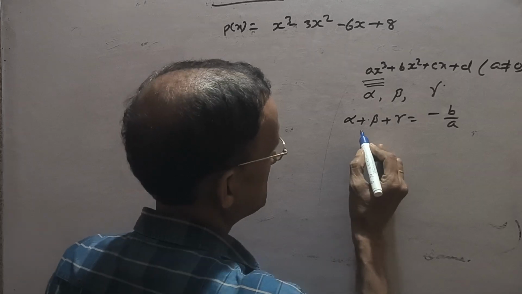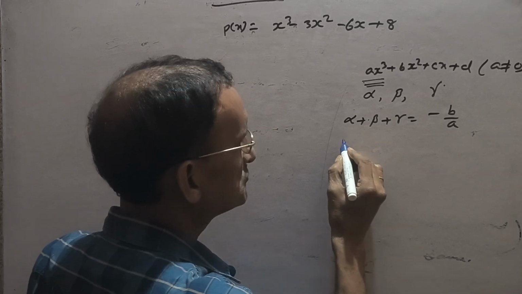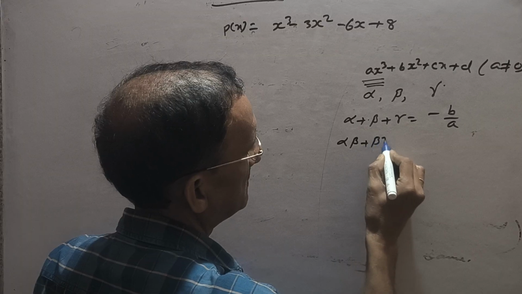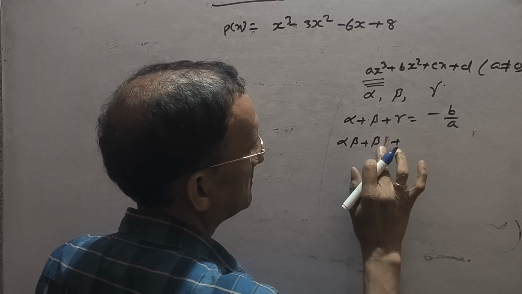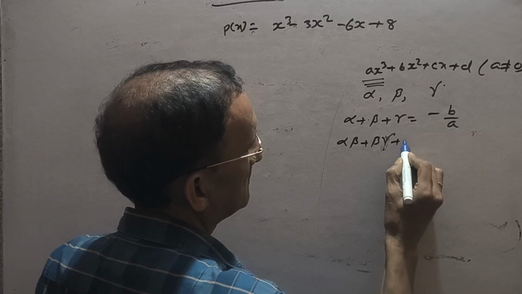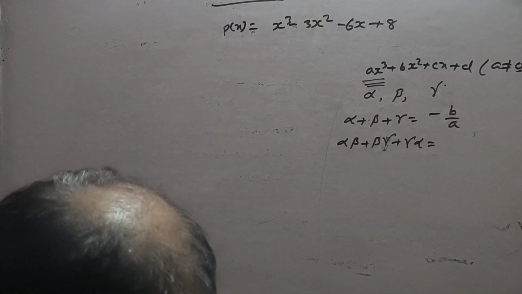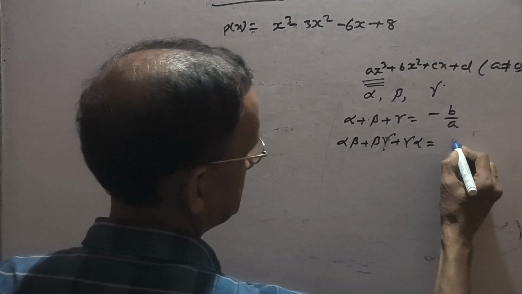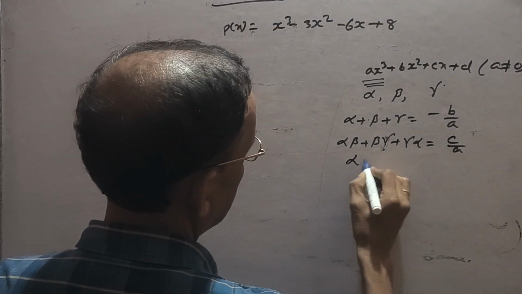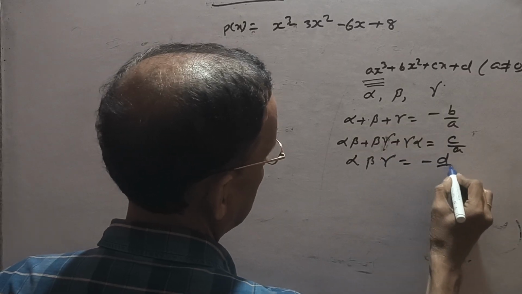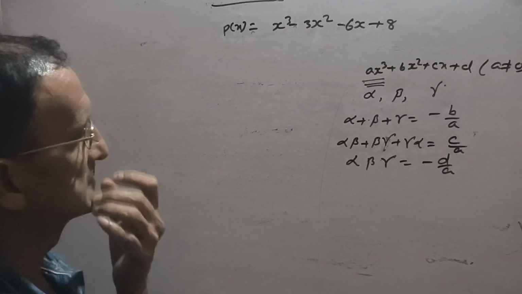And the sum of products of two zeros taken at a time: alpha beta plus beta gamma plus gamma alpha is equal to c by a. And the product of zeros, alpha into beta into gamma, equal to minus d by a. You need to remember this.